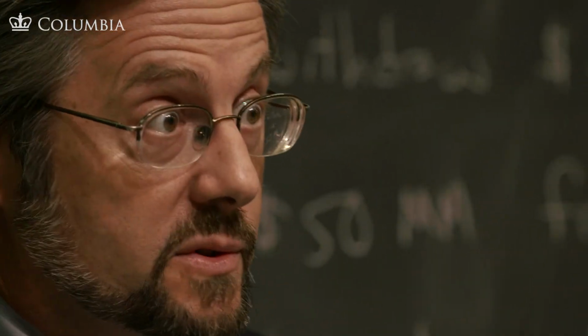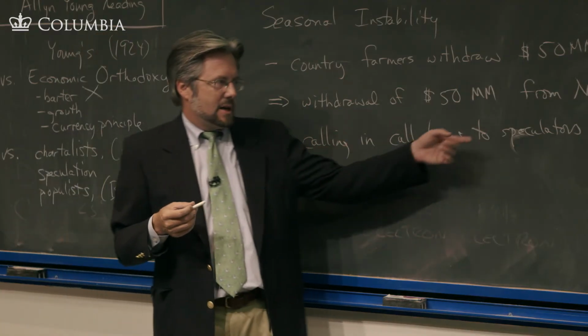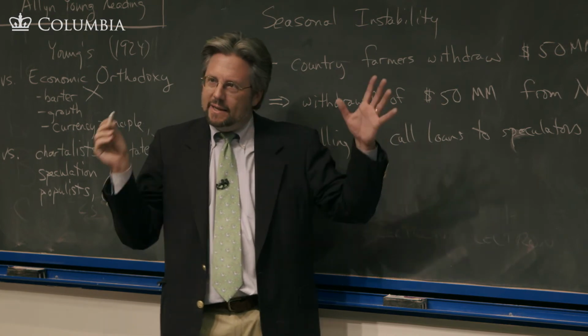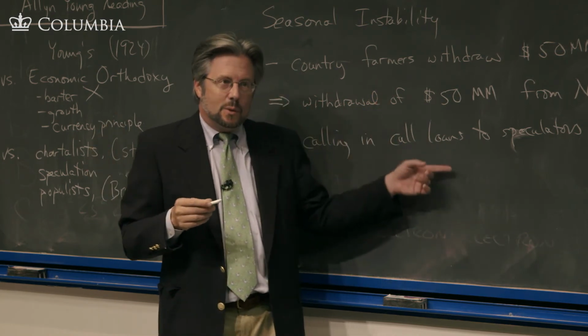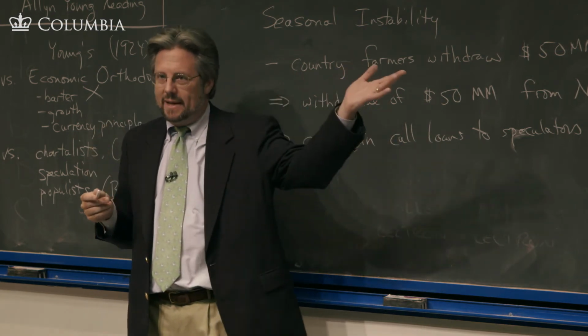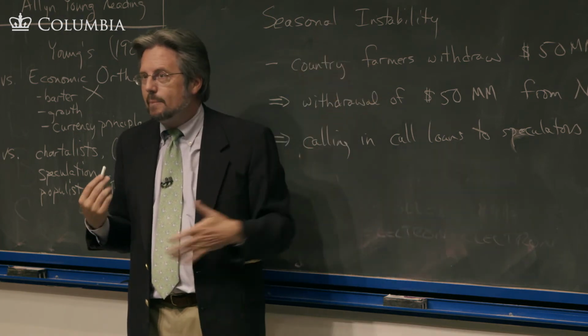It was like overnight loans. So they were call loans. And so, come the harvest, they would say, okay, now I need the money back. And as a consequence, the speculators would have to sell whatever they had bought with that in order to come up with the money.